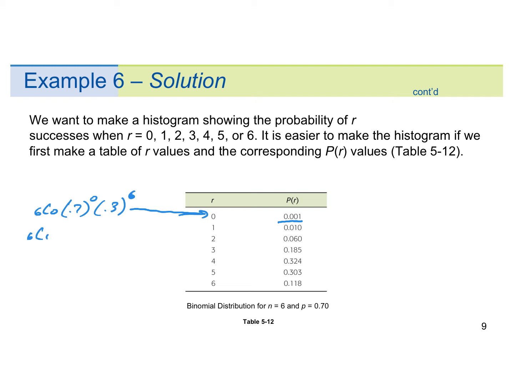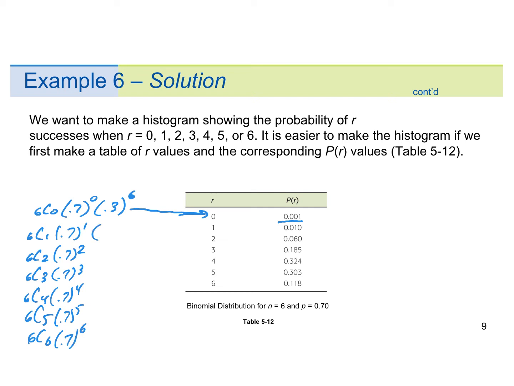Then you're going to do 6C1, 6C2, 6C3, 6C4, 6C5, and 6C6. This is going to be 0.7 to the 1, 0.7 to the 2, 0.7 to the 3, 0.7 to the 4, 0.7 to the 5, 0.7 to the 6, times 0.3 to the 5, 0.3 to the 4, 0.3 to the 3, 0.3 to the 2, 0.3 to the 1, and 0.3 to the power of 0.